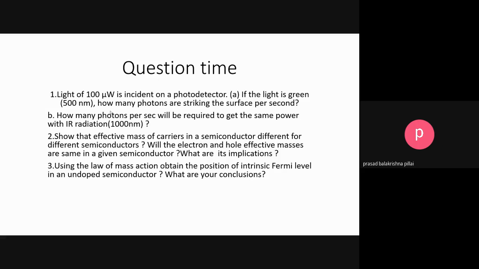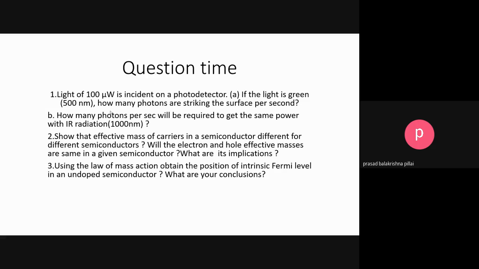Let us see what things are given. One thing we can see is that the light is green, that is, the wavelength is given. What kind of information can you get from that? From the wavelength, what can you find out?